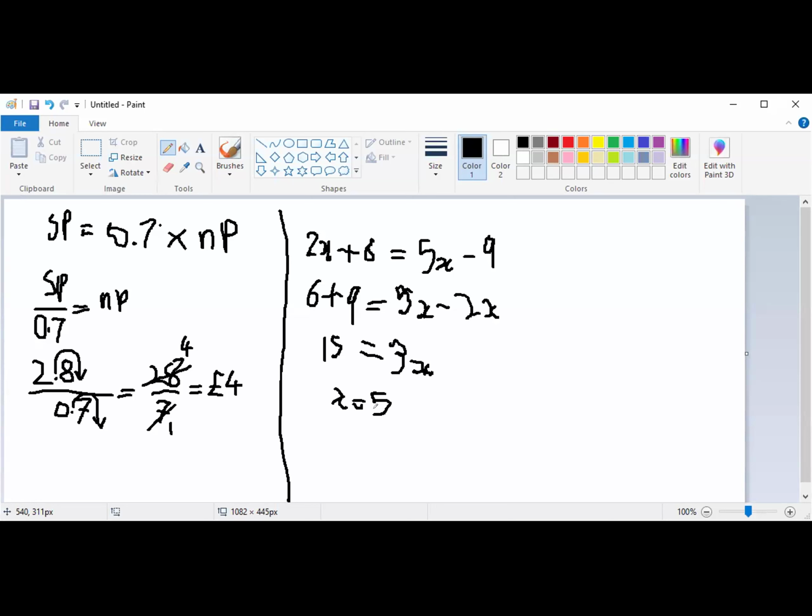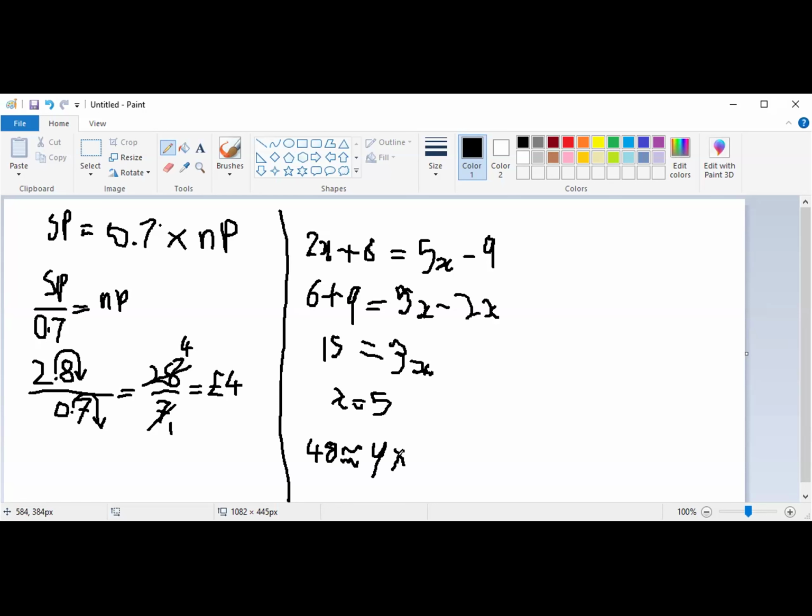Now, do you know what we're going to do to find y? Very simple. Area of a rectangle is given by length times breadth, isn't it? So the area of that rectangle, which is 48, is going to give us an equation we can use to solve for y. 48 is equal to y times, you can choose any of the sides.